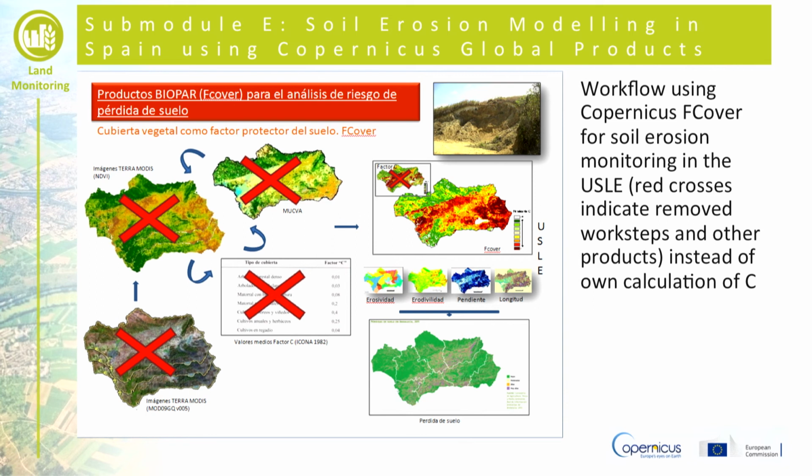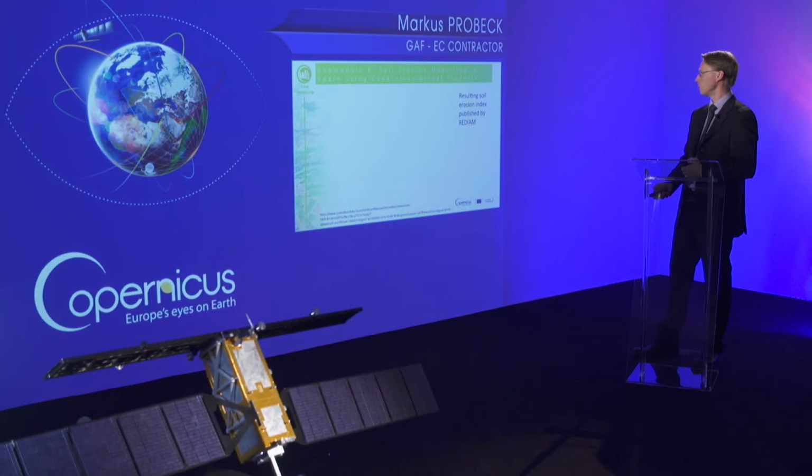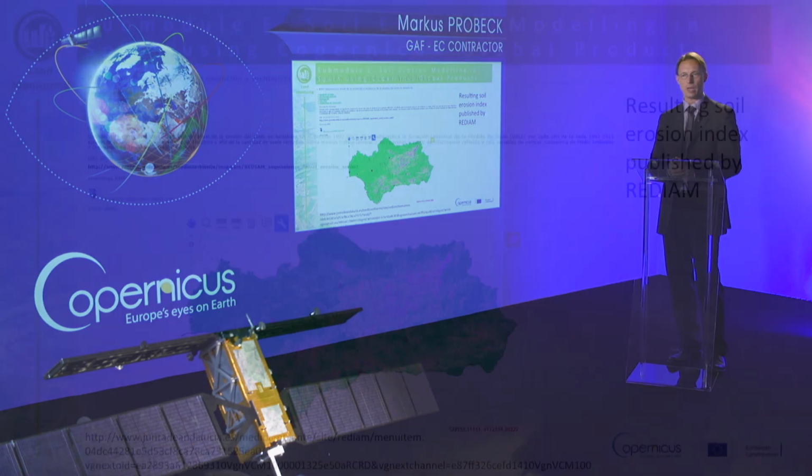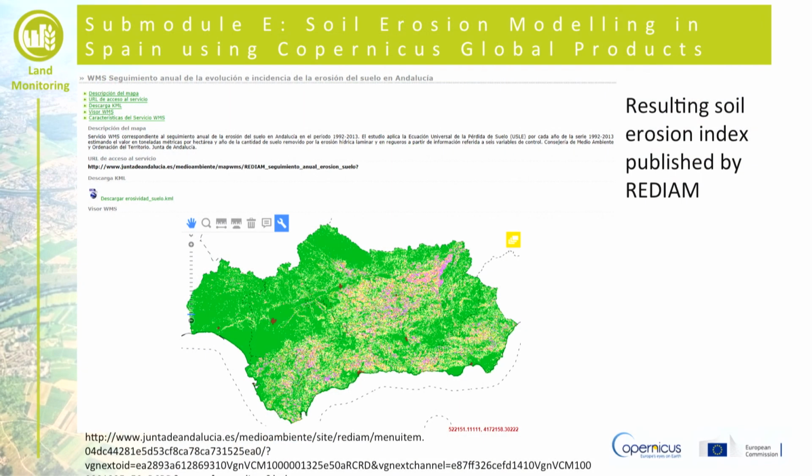So all these steps which have been crisscrossed here can be skipped and the process can be significantly simplified. So in terms of outcome, the REDIUM uses operationally on a regular basis now these global Copernicus land products and publishes their results based on this innovative and new products, which is a good example of direct use of such kind of Copernicus products.